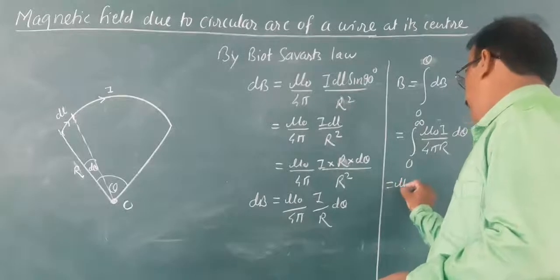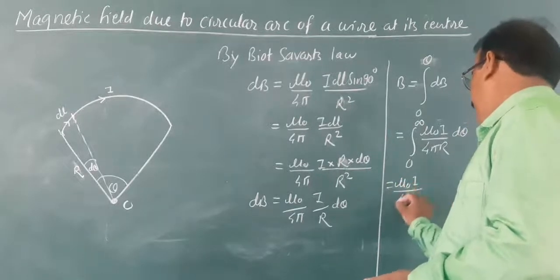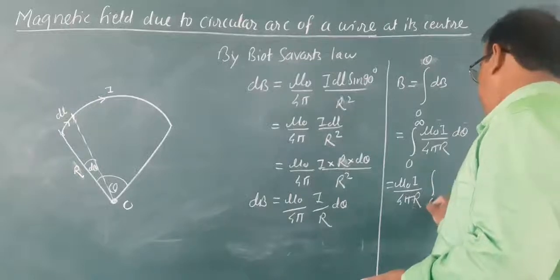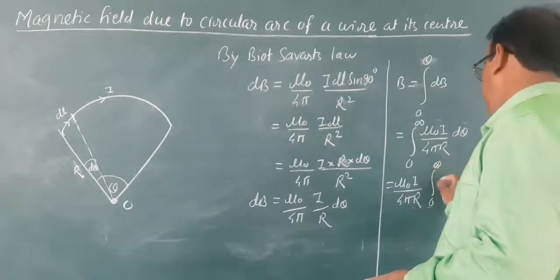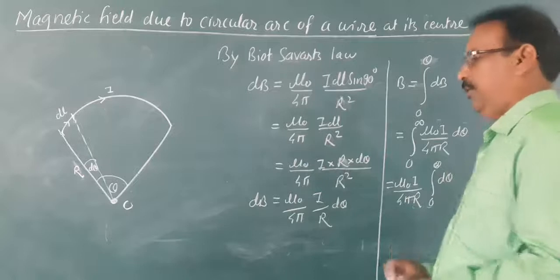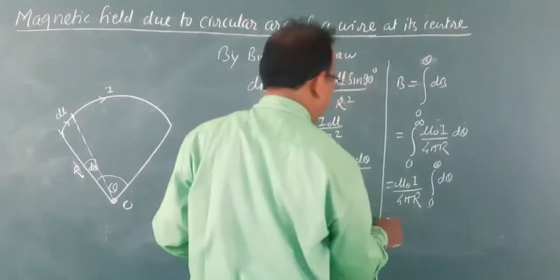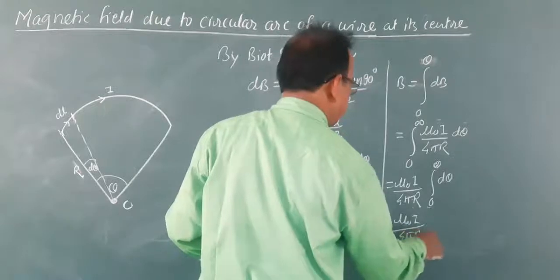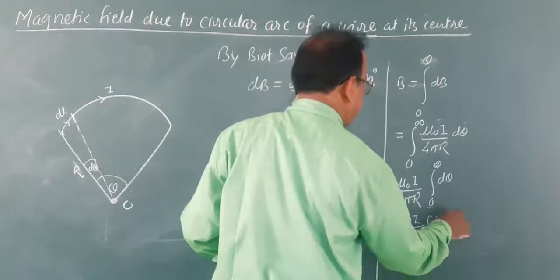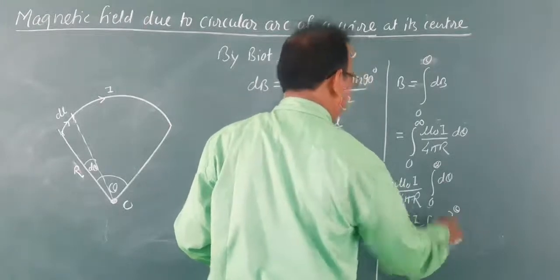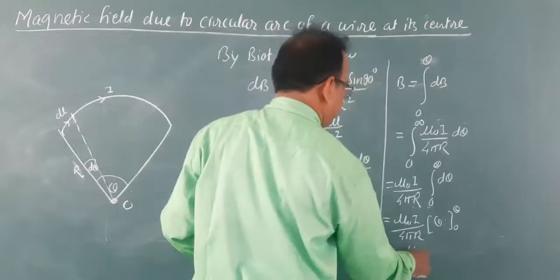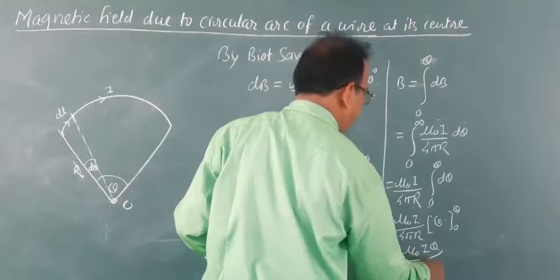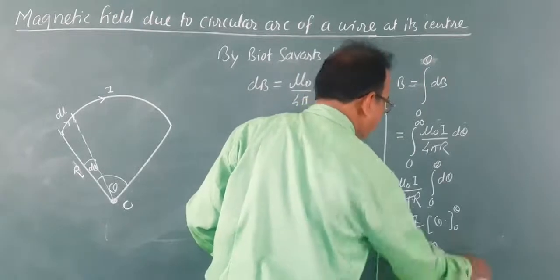Taking mu 0 I upon 4 pi R out of integration, in integration you get 0 to theta d theta. Integration of d theta comes equal to theta. Upper limit minus lower limit gives the same theta. Therefore, this field comes mu 0 I theta upon 4 pi R.